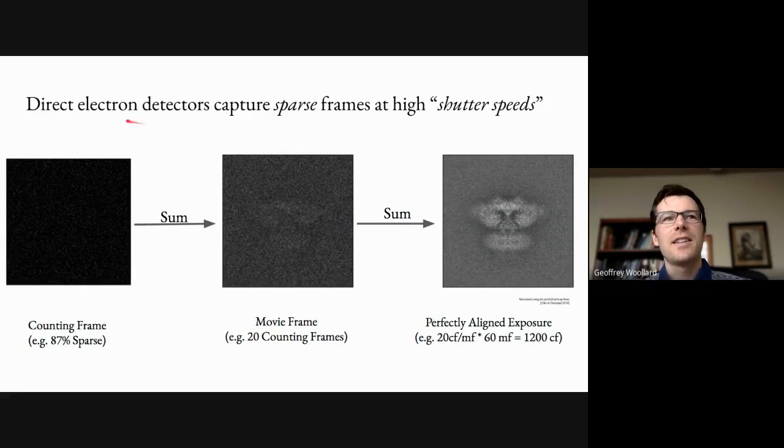The direct electron detectors capture these sparse frames, hundreds or thousands of them, and by summing them up, you start to see your object, but there's movement in between those sparse frames, and that can blur the underlying signal of just one projection.